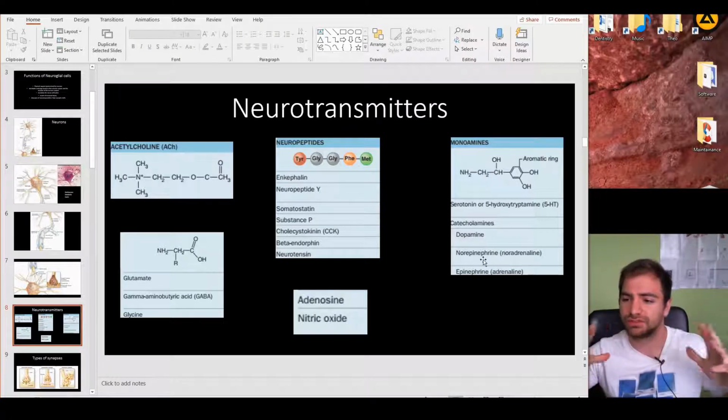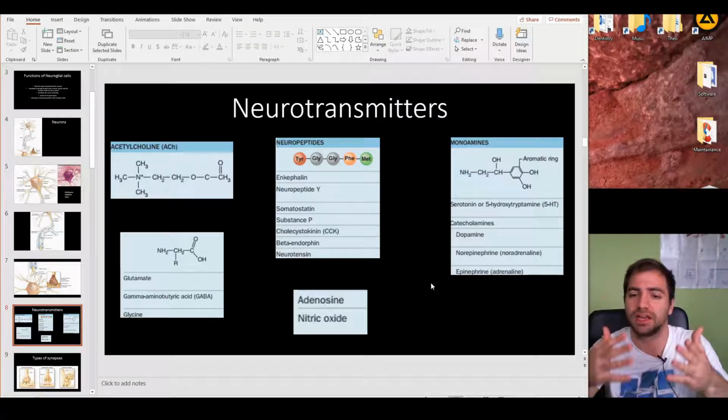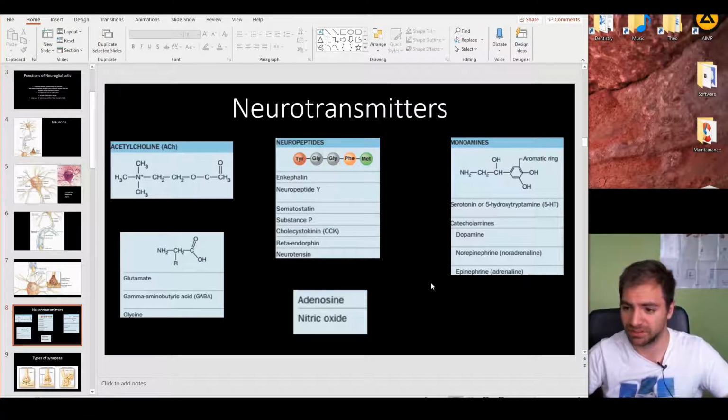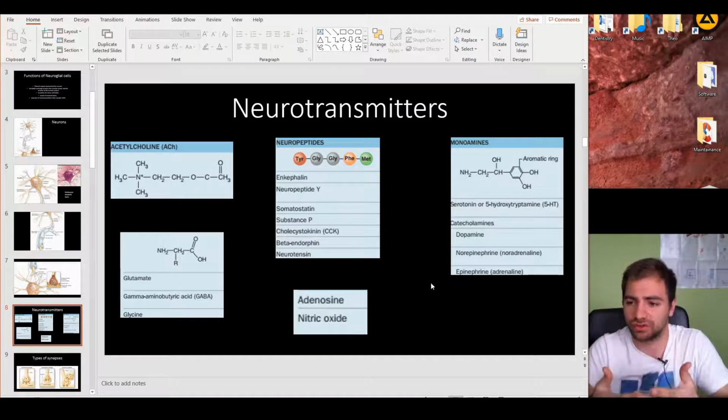All of these molecules are produced in the cell body and propagated from the axon hillock towards the very end of the synapse, and then they are exocytosed to generate, inhibit or excite an electrical signal.